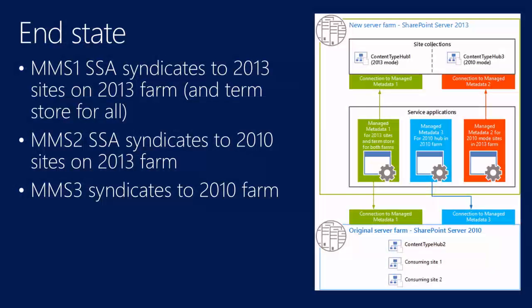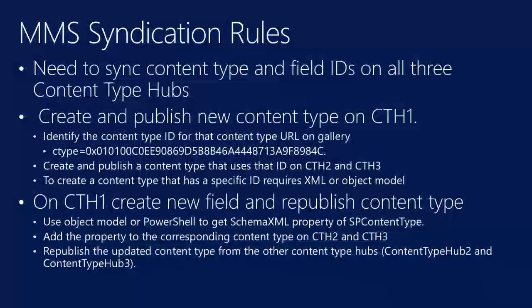The second one is doing the same thing for the 2010 mode sites, MMS2. And the third one is living in 2013, but it is pushing across the version boundary back to my source environment so that the content type hubs will flow down into 2010. That gets us to where we want to be. You have essentially one-stop shopping for managing that process.